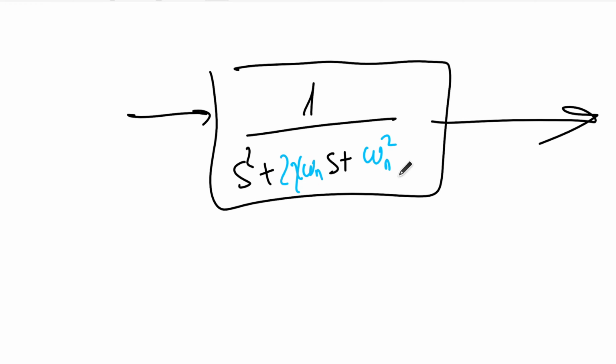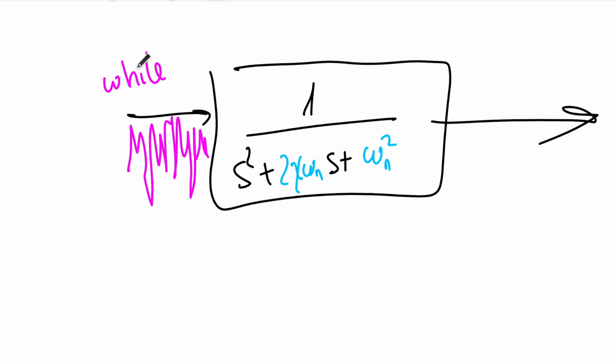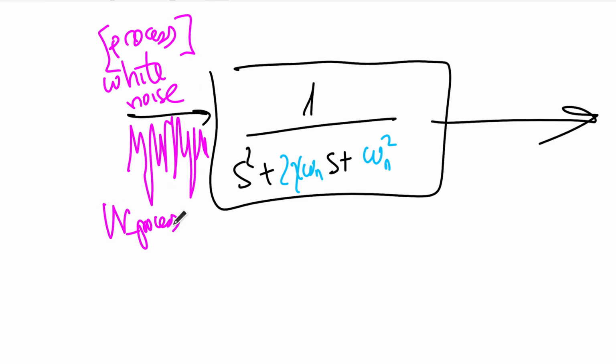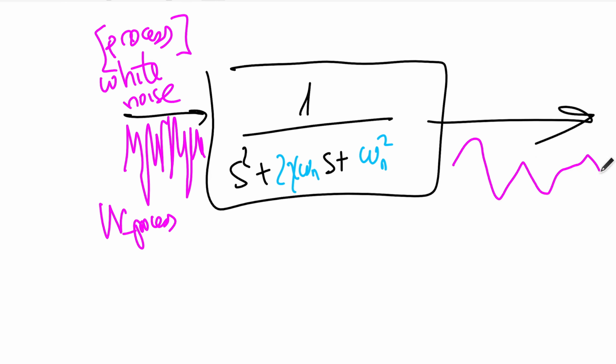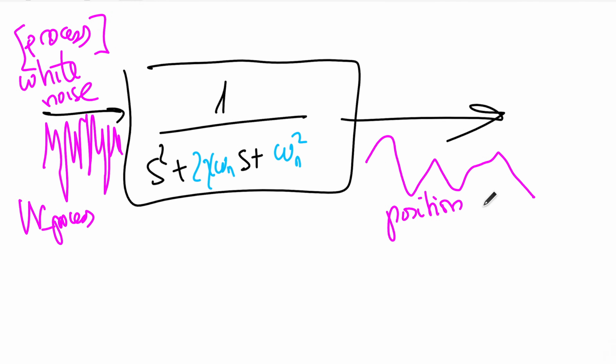Omega n is the natural frequency and chi is the damping factor, and it will be subject to a process noise, which we will assume white noise with some power spectral density, capital V process. And then I will get some position here, but we'll also have some white measurement noise coming from thermal interference, whatever stuff that needs to be filtered.